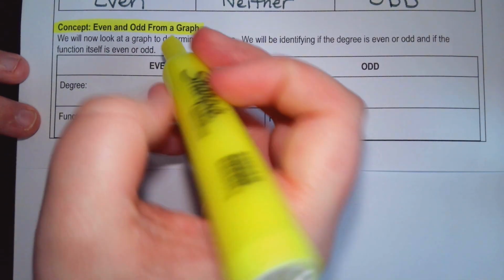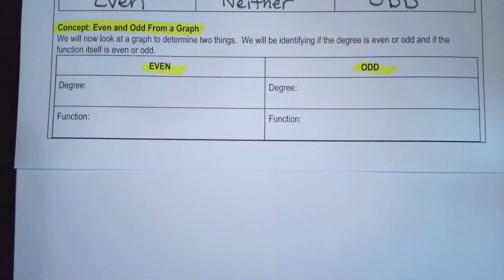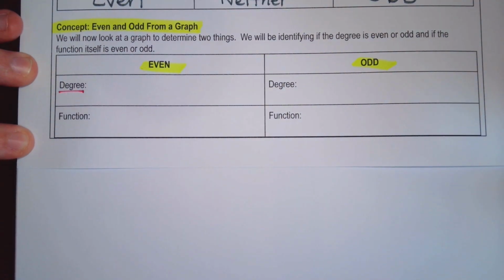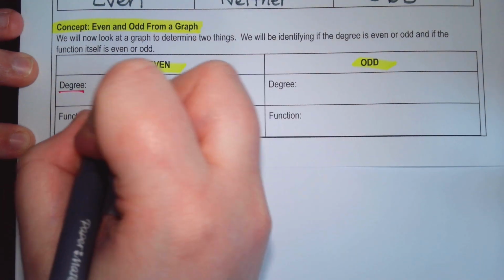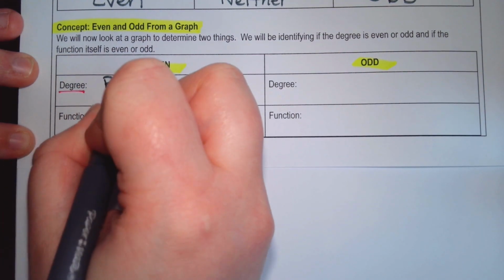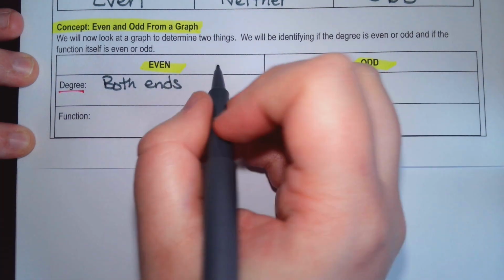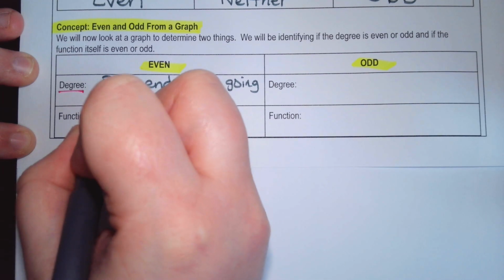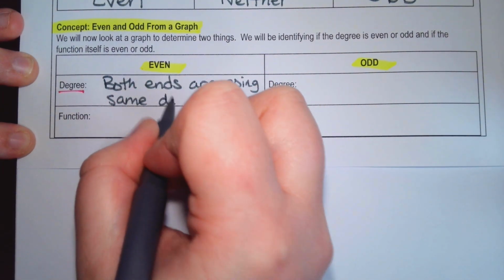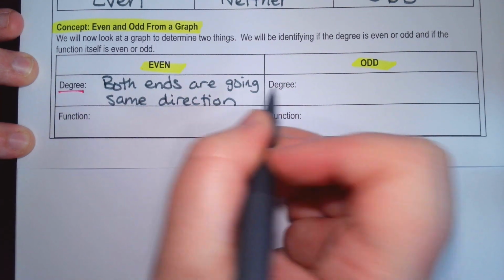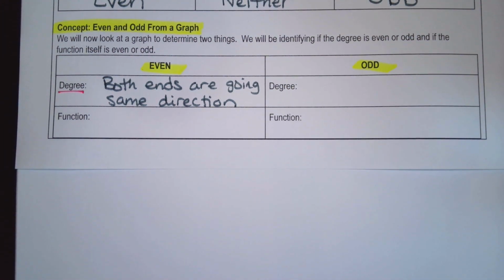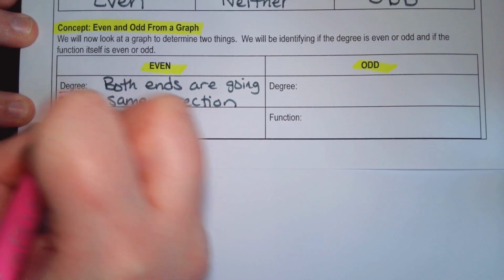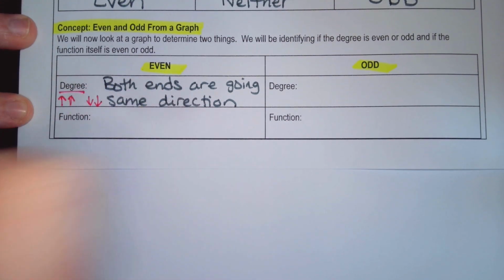So we have even, we have odd. For a degree to be even, that means both ends are going the same direction. On our graph, the ends of the graph are going in the same direction. They're either going up, up, or down, down.